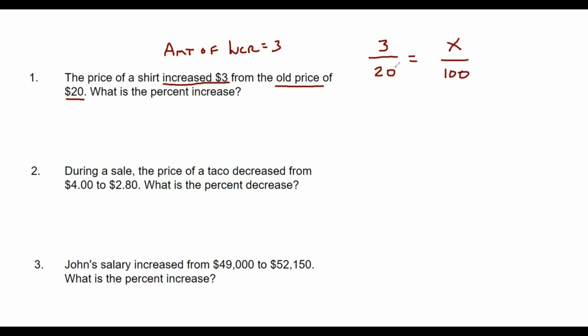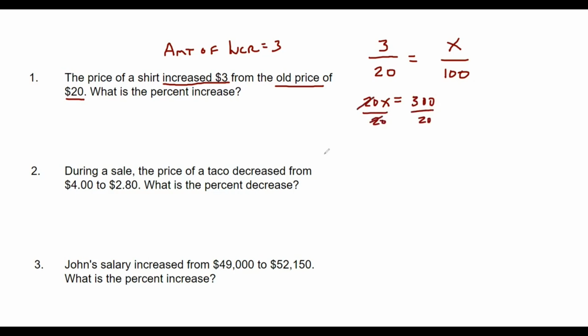Now we cross multiply. As I mentioned before, I always like to start cross multiplying with the part that involves x. 20 times x is equal to 3 times 100, which is 300. And then, as a familiar last step, we divide by whatever x is being multiplied by.